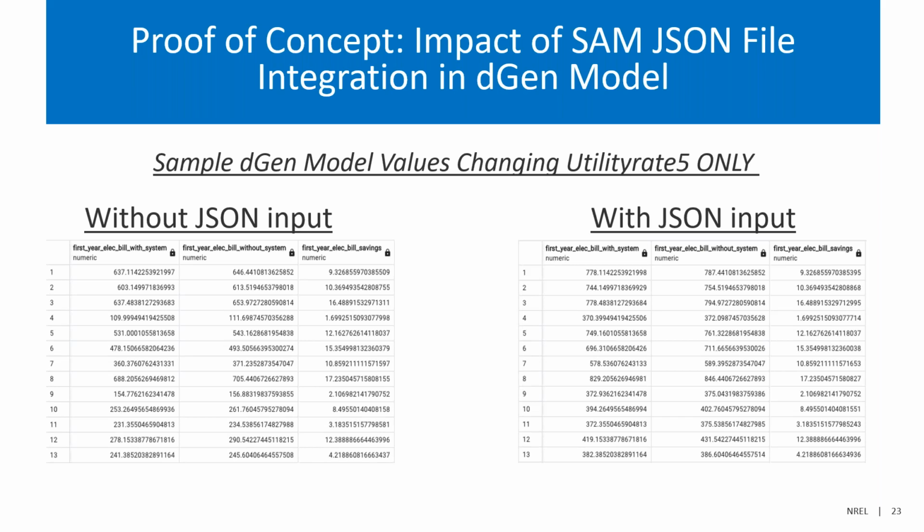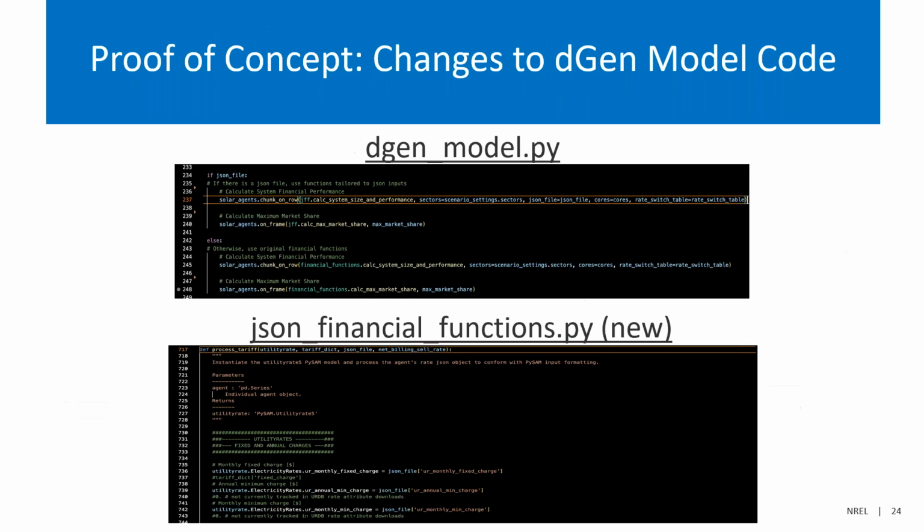And then over on the right-hand side, you'll see the output from when we added in the JSON file inputs. And as you can see, there are differences between the values that we are getting. And this is only changing the utility rate function to pull instead from hard-coded values, and then instead using the JSON input files from the SAM model. Next one.